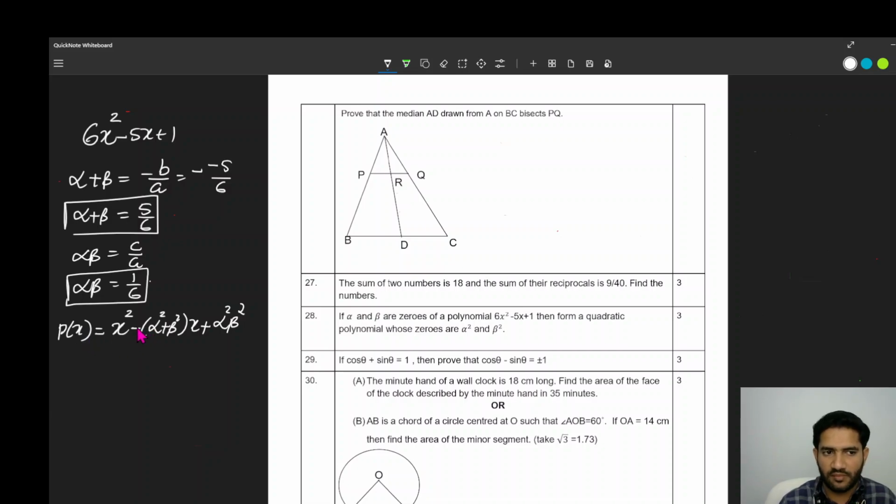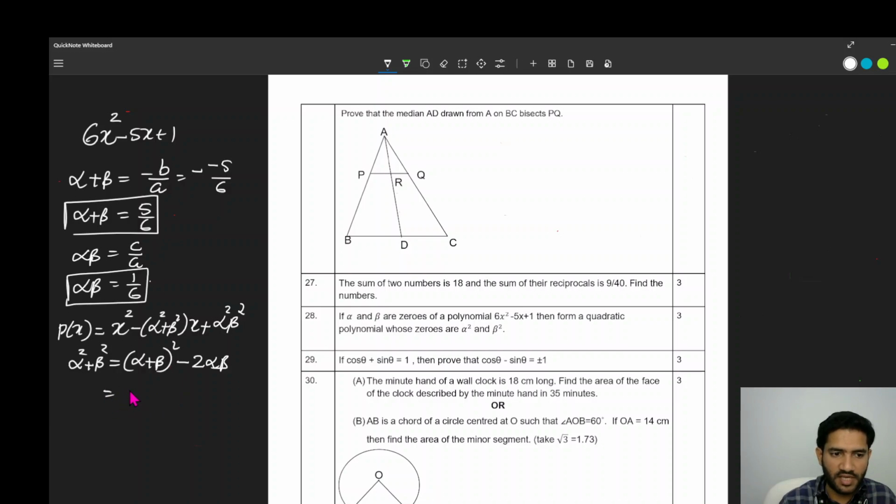It's very easy to find, because we know a plus b whole square is a square plus b square plus 2ab. So to get alpha square plus beta square, we subtract that 2ab.